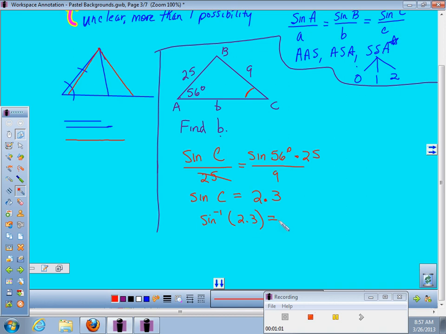Can sine be 2.3? No. Sine has to be a number between 1 and negative 1. Sine cannot be 2.3. If you come out with a number greater than 1, you know right there you're done. So this one says error, you can't do it, which tells you it's the no triangle situation. So you'll just flat say, no triangle, and be done with it.